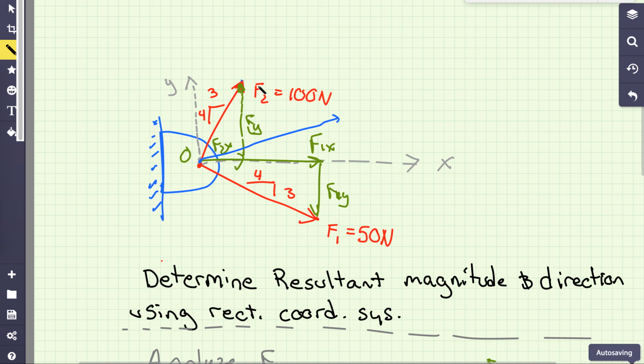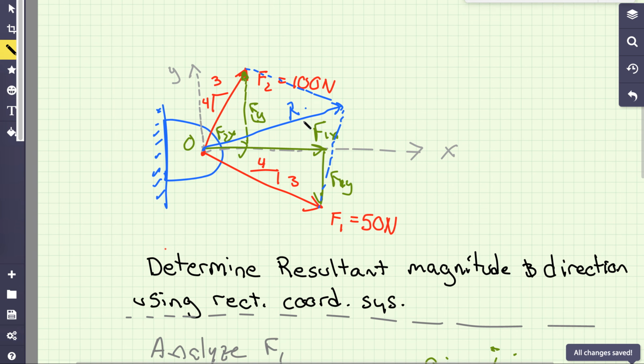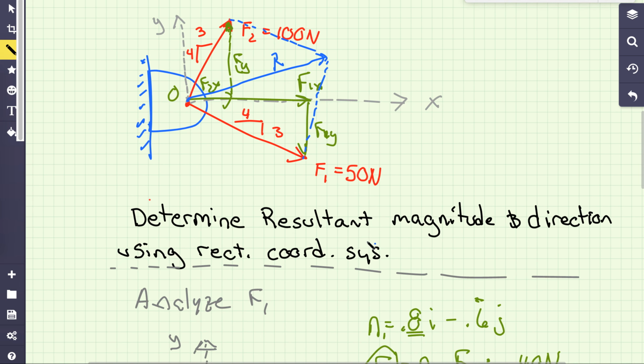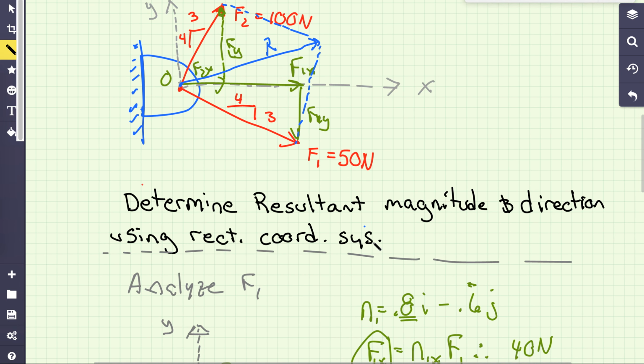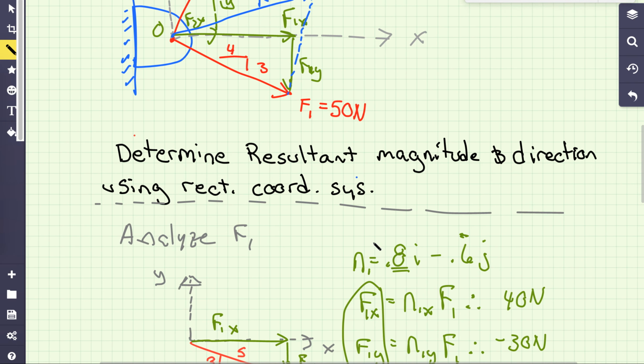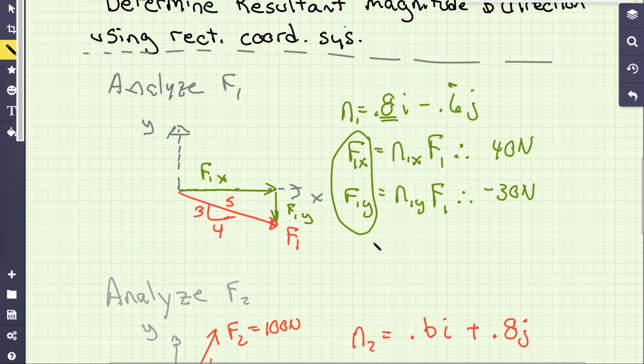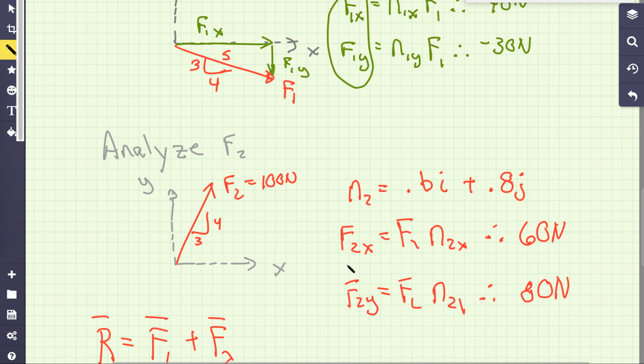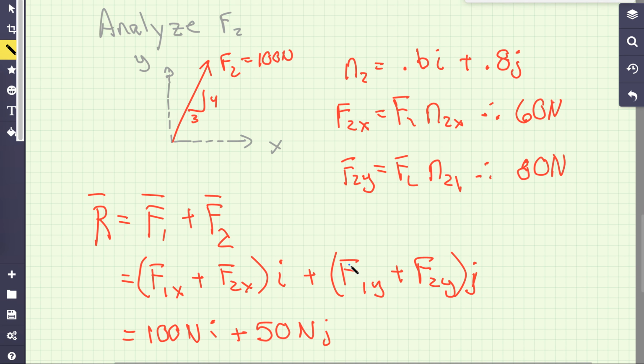You can look at this also in another way, and this would be the resultant. So I'm going to stop here, and now we've determined the resultant. We didn't do the magnitude yet, but in another video I will continue on with the resultant and also the magnitude.